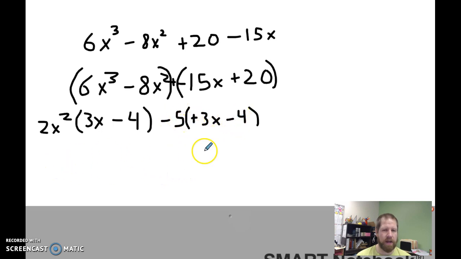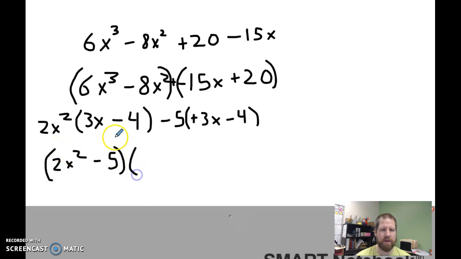And you'll know if you get it wrong because this binomial will not look the same as this binomial. So then factor out your common binomial. We've got our 2x squared from here minus 5, and we're multiplying that by 3x minus 4. That's it.